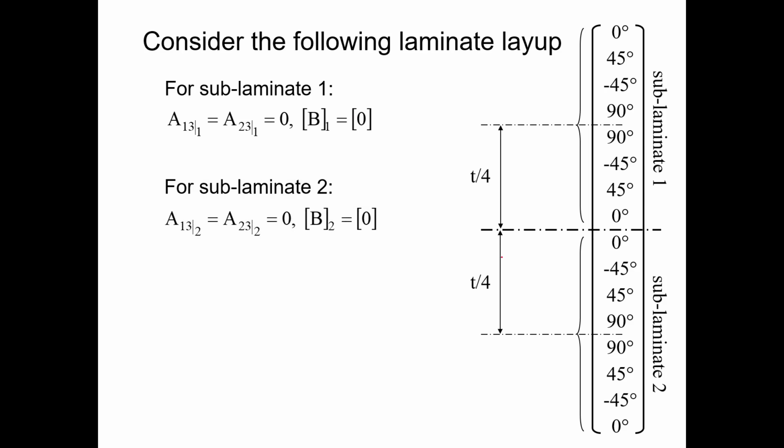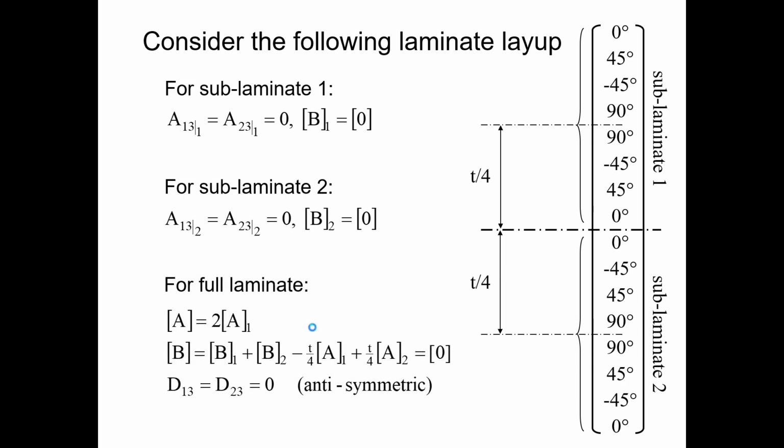For sub-laminate 2, again, very similar. For the full laminate, now you can use the parallel axis theorem. You can use A equal to 2 times A1, B equal to B1 plus B2 minus the term here, and D13 equal to D23 equal to 0.